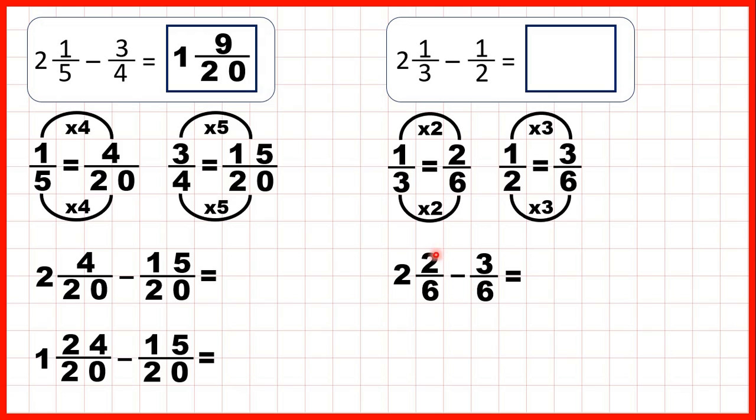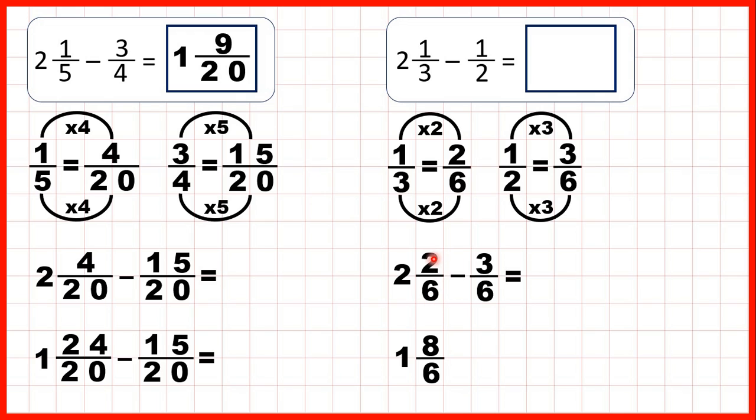But now we only have 2/6 in our mixed number, but we need to subtract 3/6, so we can exchange with our whole number. We can exchange one of our wholes for 6 more 6ths. So 1 less than 2 is 1, and that means we can add the denominator to the numerator.